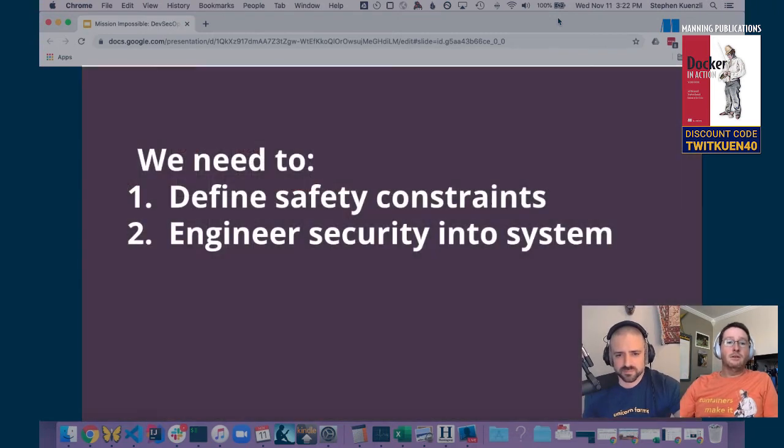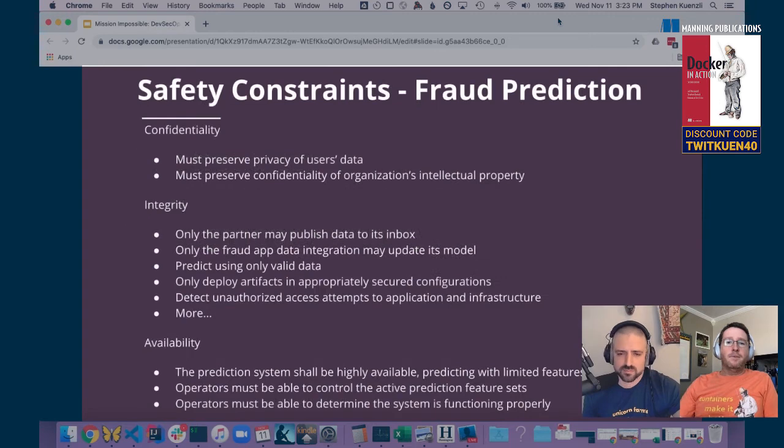Right, exactly. So basically this comes down to, we need to define what our safety constraints are, and then actually engineer the security controls into the system. And so returning to our fraud prediction example, we might have some constraints like, we must preserve privacy of users' data.